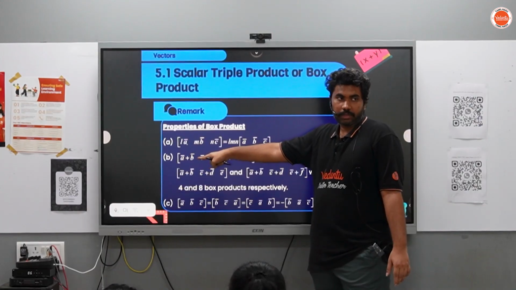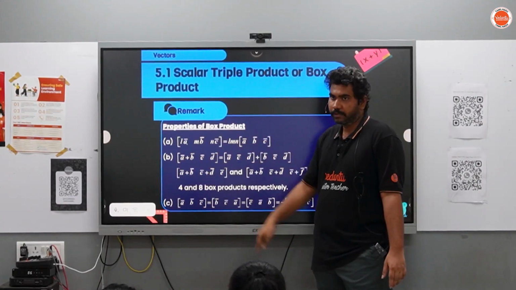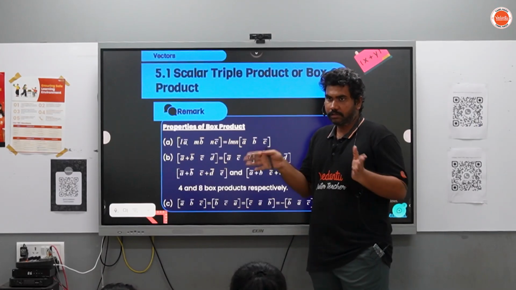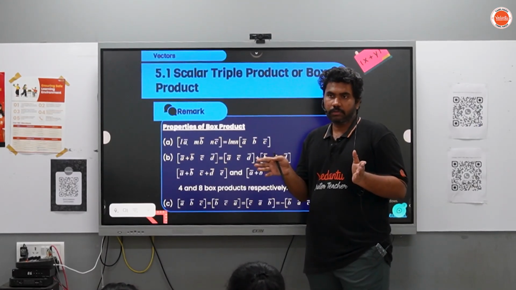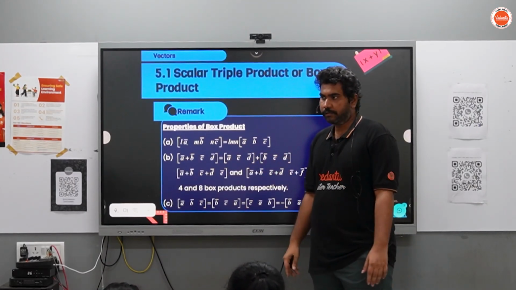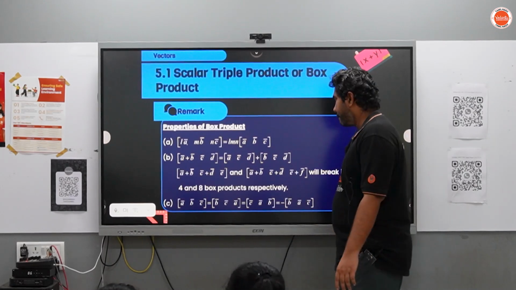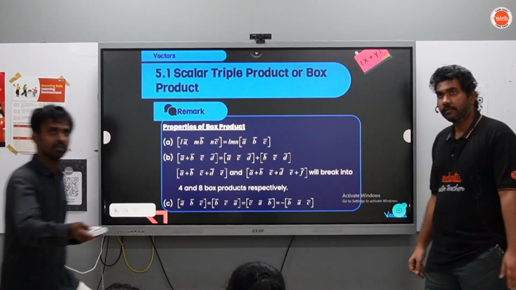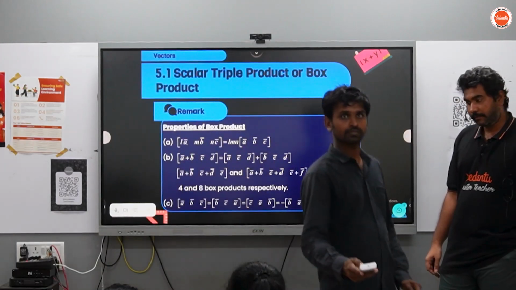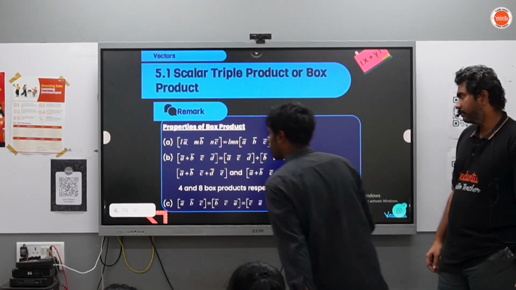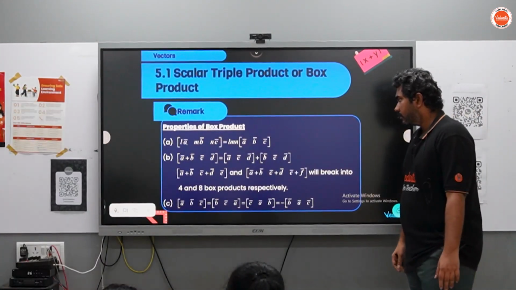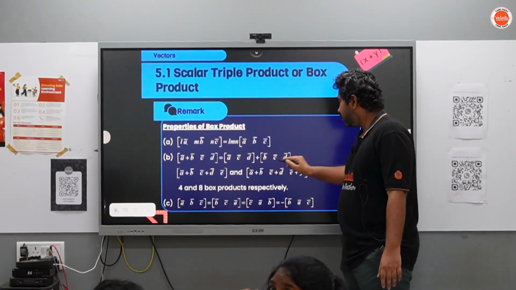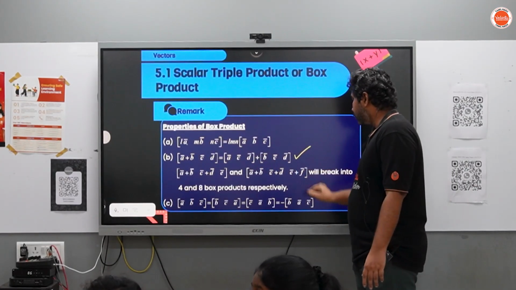Again here also, this is the property 5 we studied already, right? If the first row is a binomial, you can divide it into two individual determinants, a sum of two determinants. So this is again the property 5.